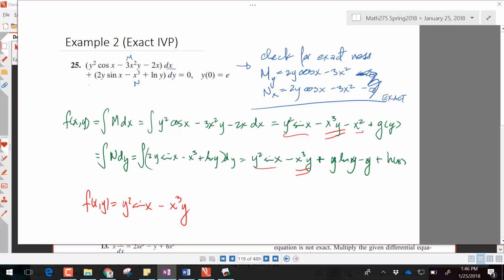And I don't have an x squared in my second function, but that x squared must live over here in h of x, right? And likewise, I don't have this y ln y minus y in my first function, but that must live in the g of y. That qualifies for a function that's all y's. So they both must exist in my original function. So let's put them both down.